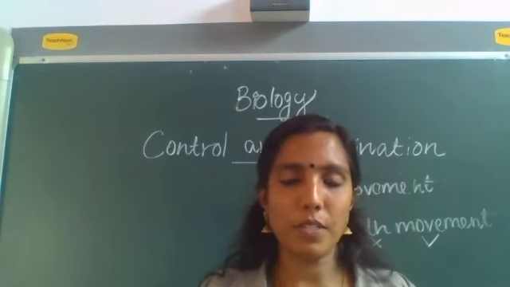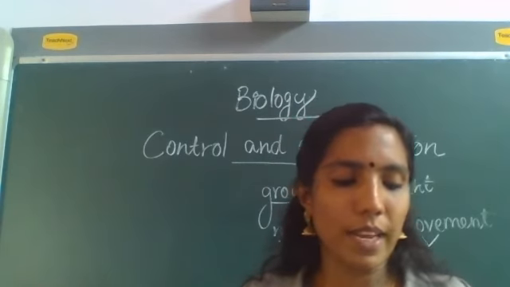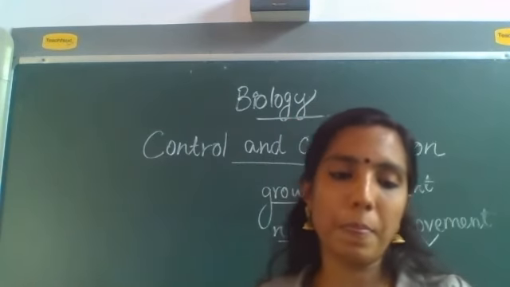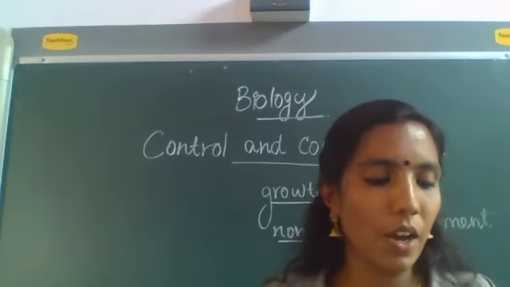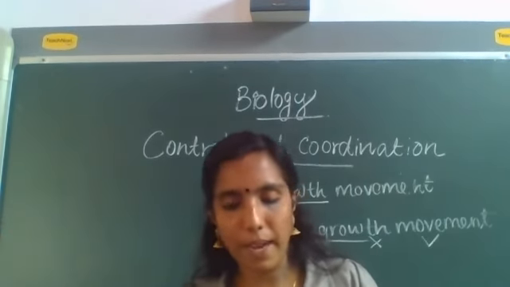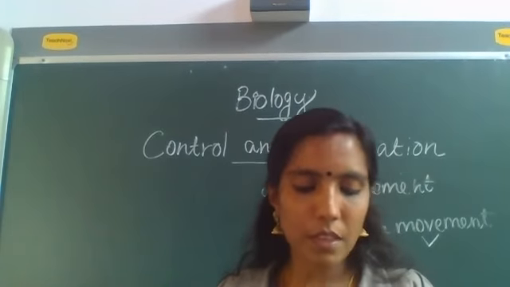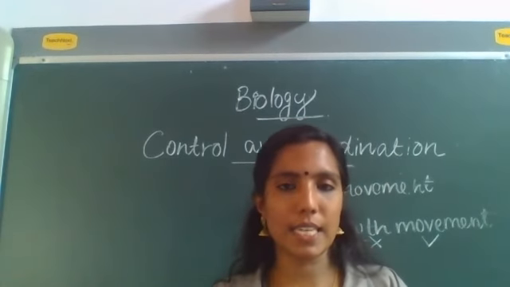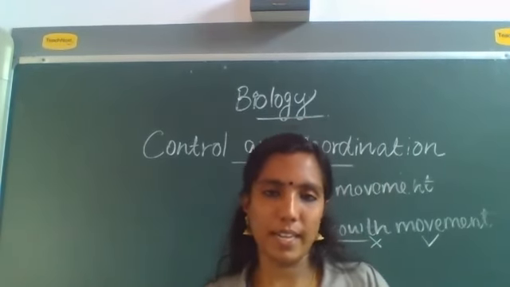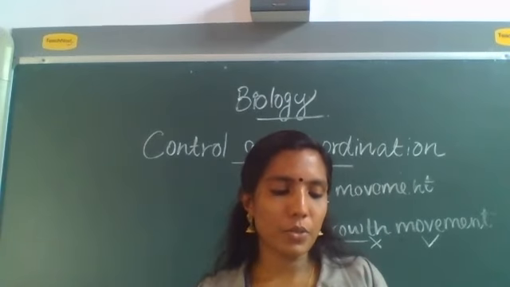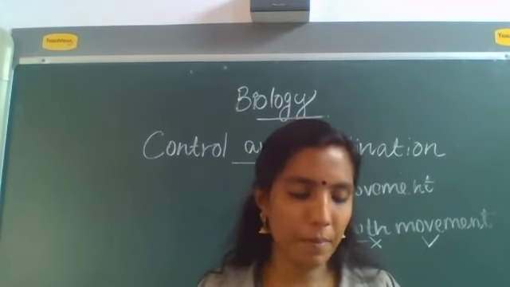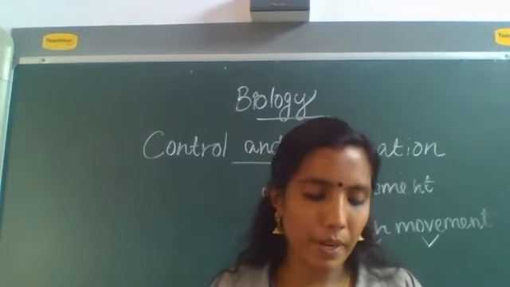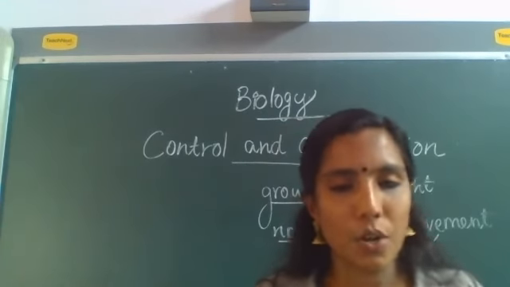For a particular process, so many organs are involved. So we can give the definition for coordination. The working together of various organs of the body of an organism in a proper manner to produce proper reaction to a stimulus is called coordination.